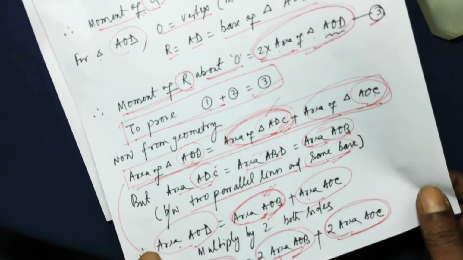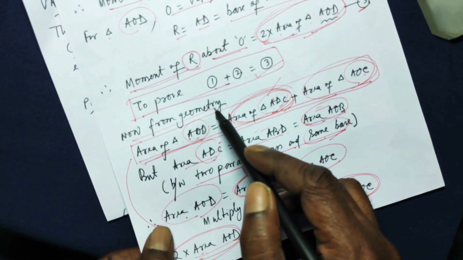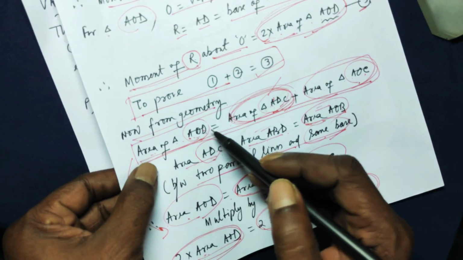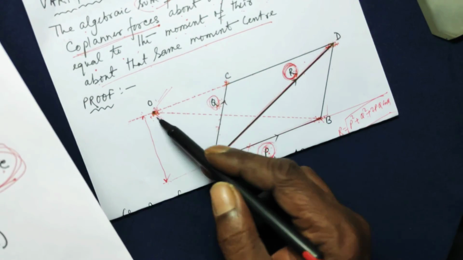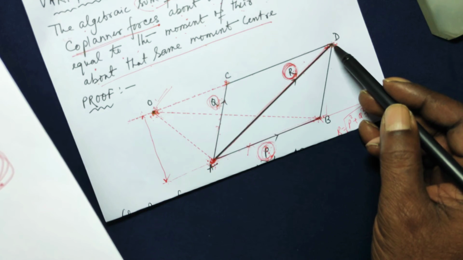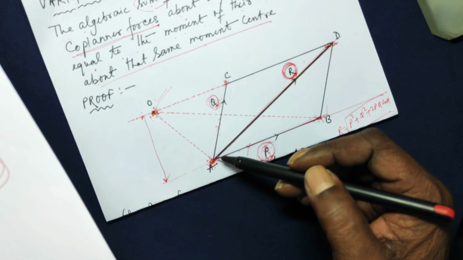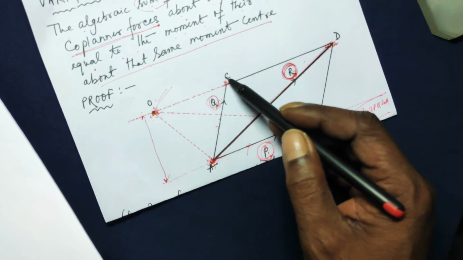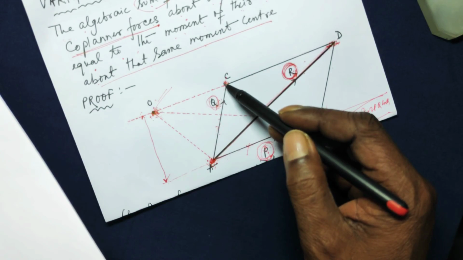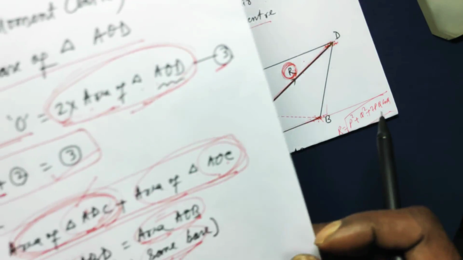Now from geometry, area AOD is equal to area ADC plus area AOC, right?